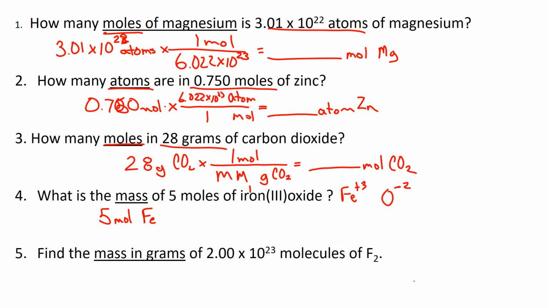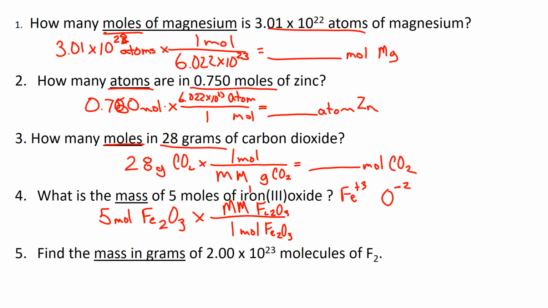Oxygen is a -2. So that means my formula is going to be Fe2O3. And then for every 1 mole of Fe2O3, I need to determine the molar mass of Fe2O3.